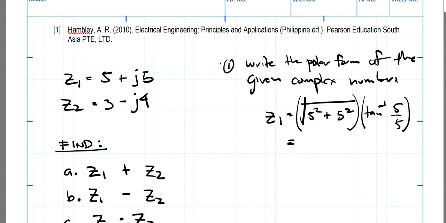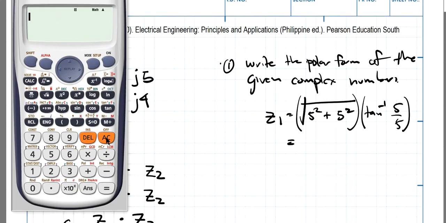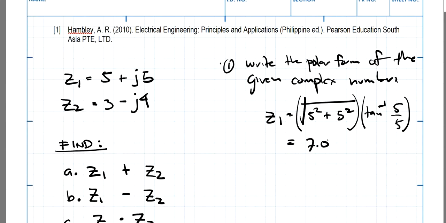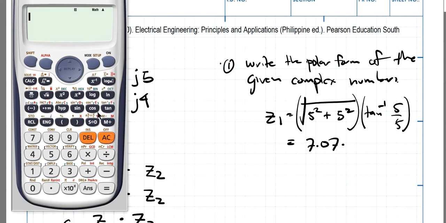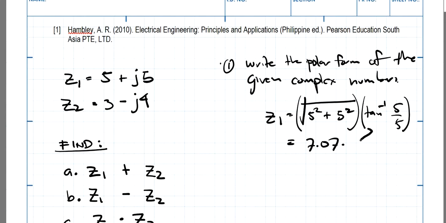So 25 plus 25, square root of 50. This is 7.07, and the inverse tangent of 5 over 5 is just 45. So the angle is 45 degrees.